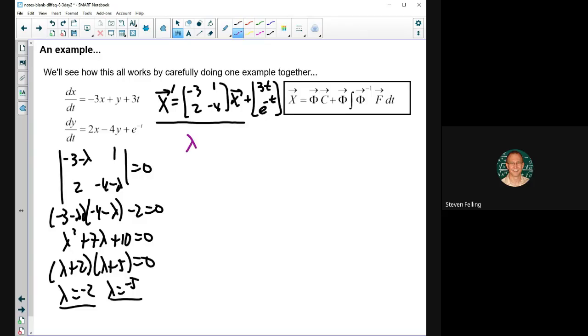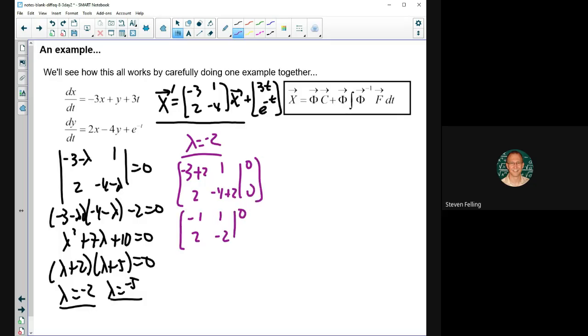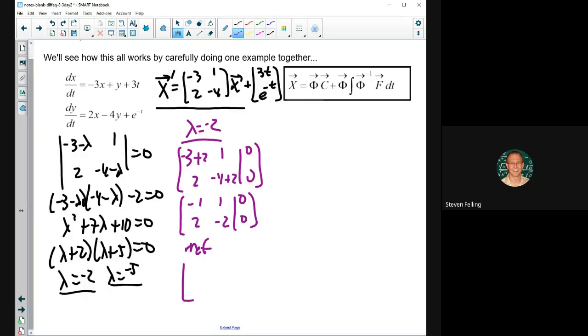So for lambda equals -2, we would have -3 minus -2, which is -1 here, right? And we're going to end up with 1, and then 2, and then -4 minus -2, which is -2, and 0, 0. So we're going to end up plugging -1, 1, 0, 2, -2, 0 into a matrix to get the equations to establish the k's.